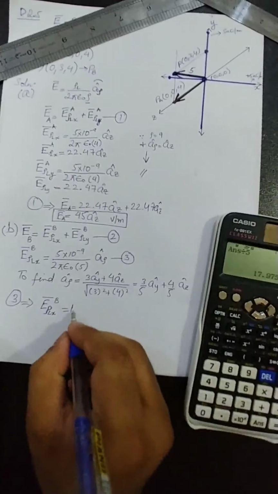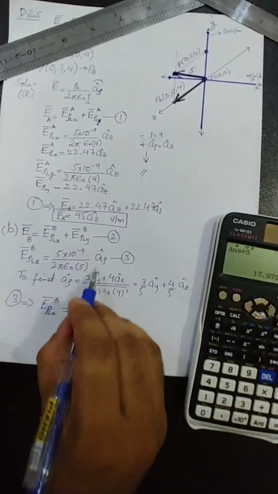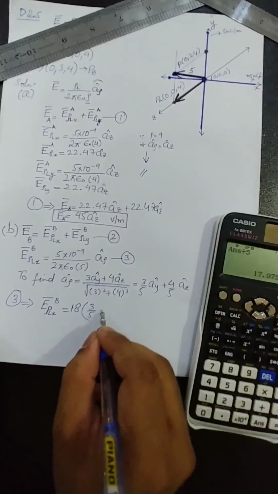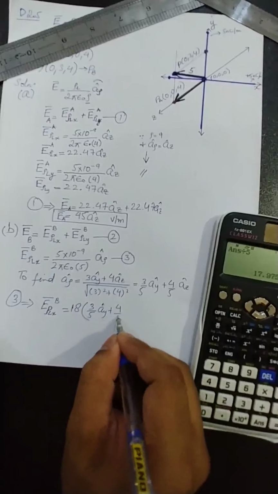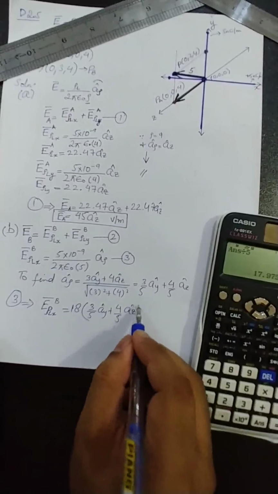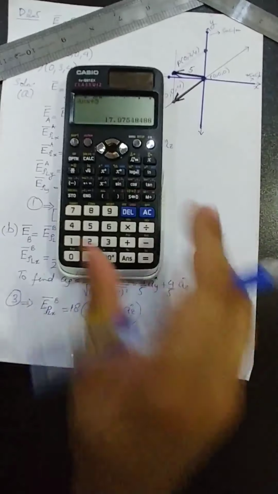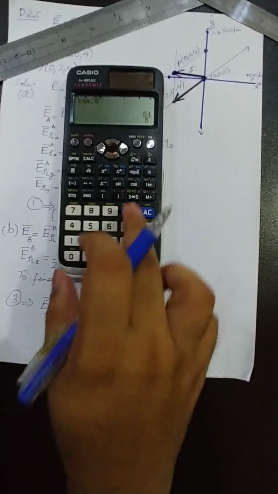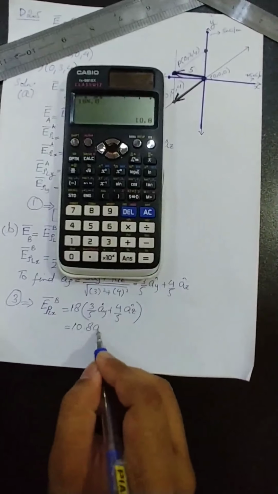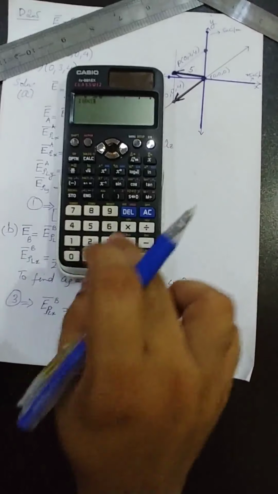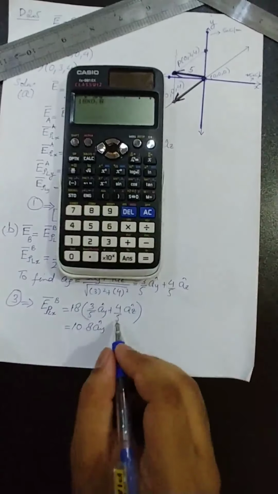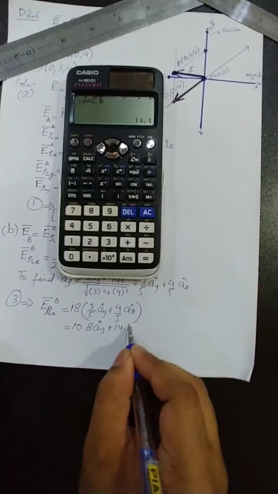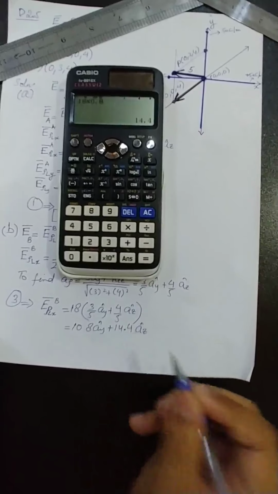Let me write it, 18. And a rho is nothing but 3/5 ay plus 4/5 az. So 18 into 0.6 will give me 10.8 ay, and 18 multiplied by 0.8, because 4 upon 5 is 0.8, will give me 14.4 az.